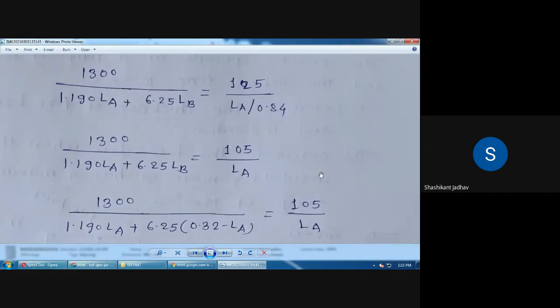Solve this equation and tell me the values of LA and LB. Put that answer in the chat box. I will give you 2 minutes to solve this equation and find the values of LA and LB.